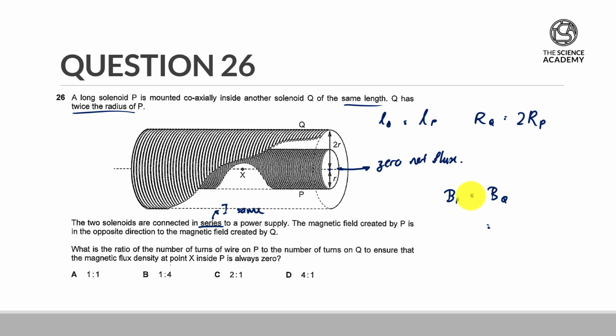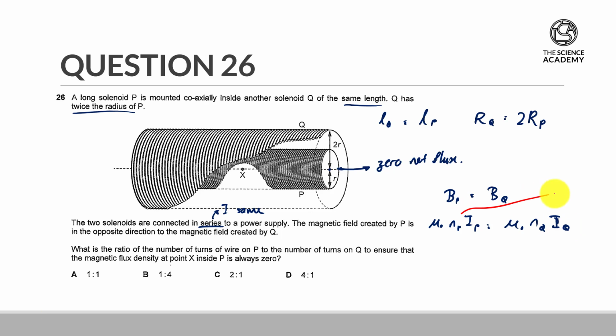For solenoids, we already know from our formula list that the expression for the magnetic flux density in the middle of a solenoid is going to be given by mu naught n I. So let's write it on both sides.